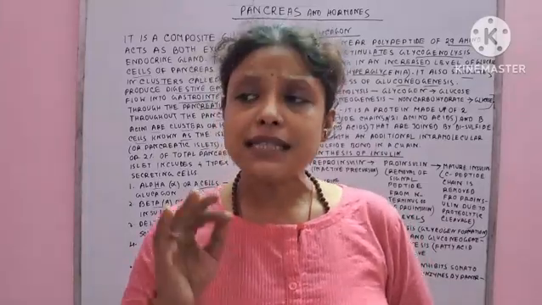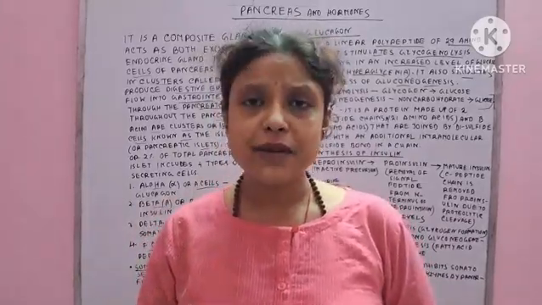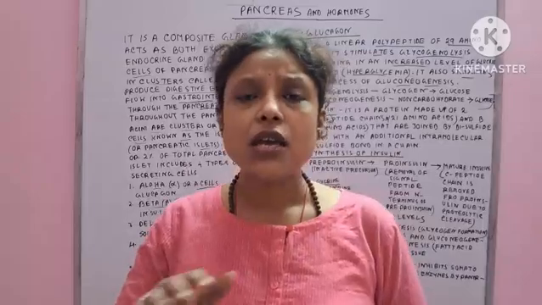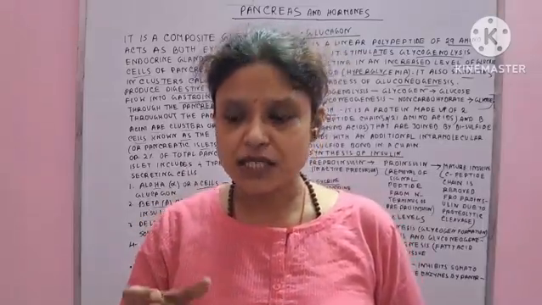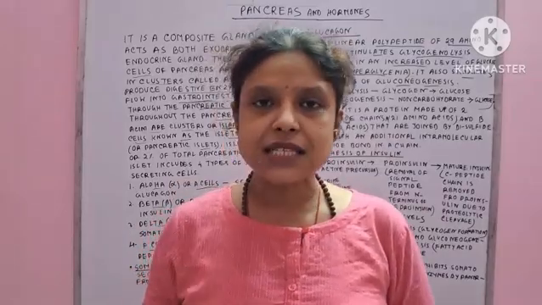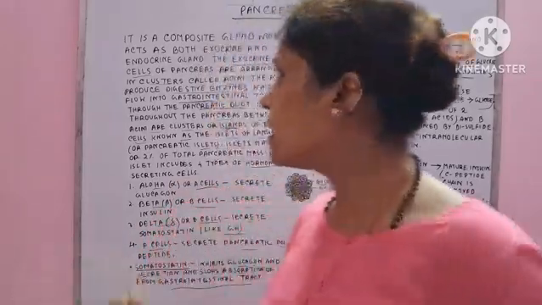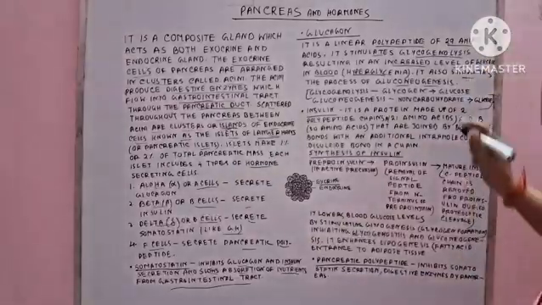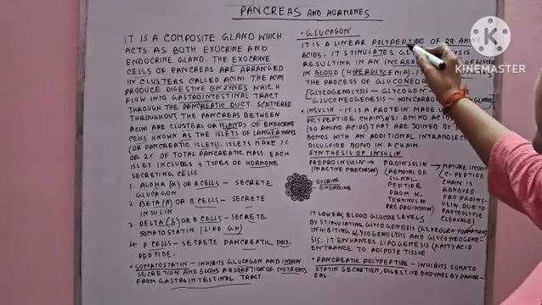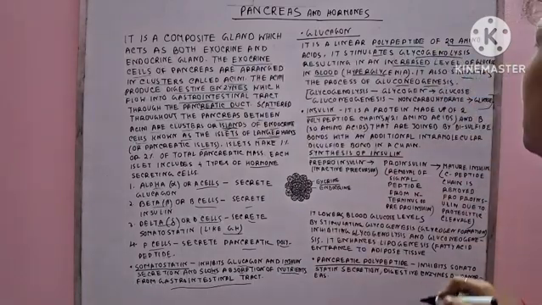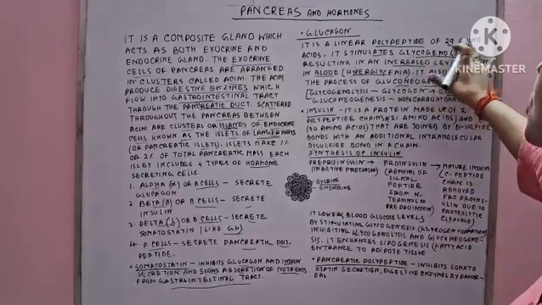In that way the glucose level may be balanced in the blood. The main function of glycogenolysis is the breakdown of glycogen into glucose.